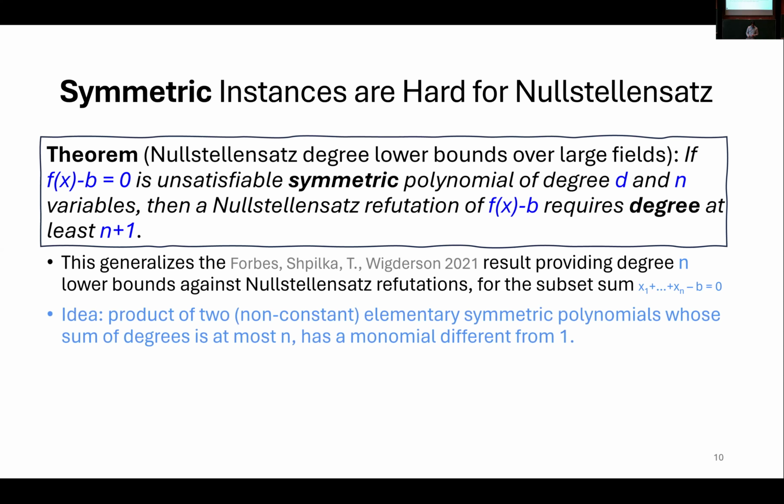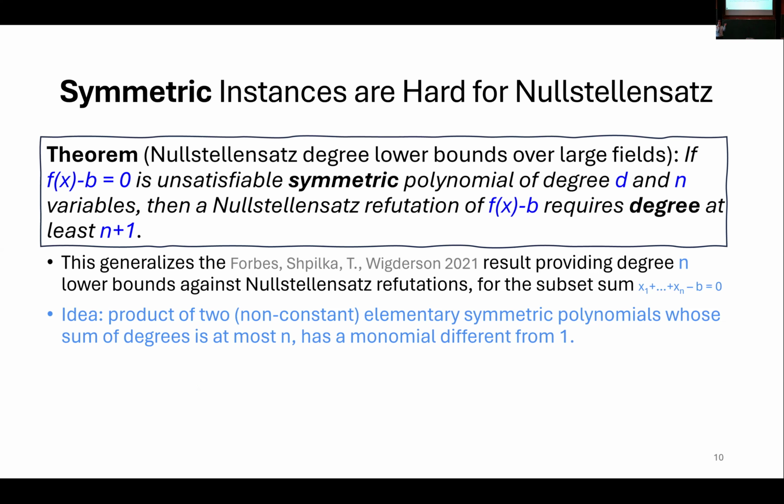Now, this generalizes my work with Forbes, Shpilka, and Wigderson. What we considered there was the subset sum, which is just the sum of variables, a symmetric polynomial of degree 1. So we did it for every degree. The idea is the product of two non-constant elementary symmetric polynomials whose sum of degrees is at most n.